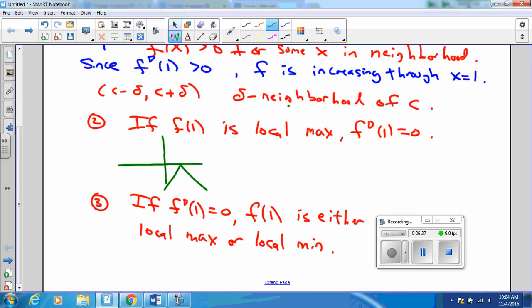Any counterexample that has a sharp corner or cusp at x equals 1 will do. This particular one could be, for example, y equals negative absolute value of x minus 1. So this statement is false, and any counterexample with a corner or cusp will do.